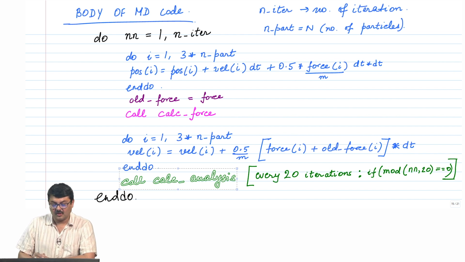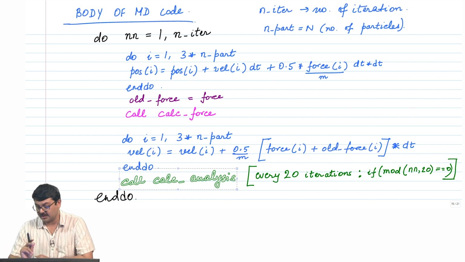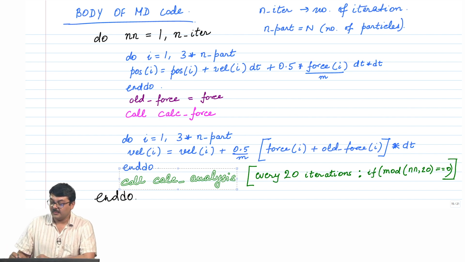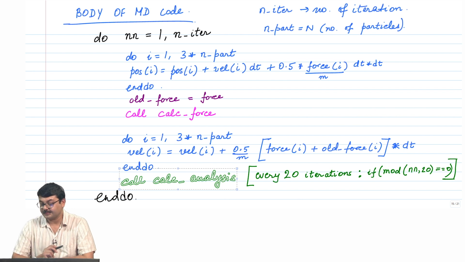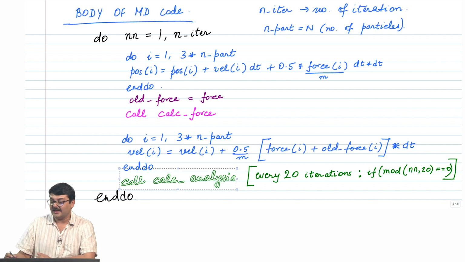You say that you are going to call this subroutine only if mod NN, 20 equal to 0. So, just look up what the mod does. If NN is a multiple of 20, then mod NN, 20 will be equal to 0.